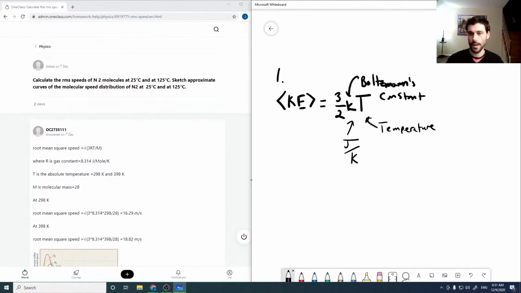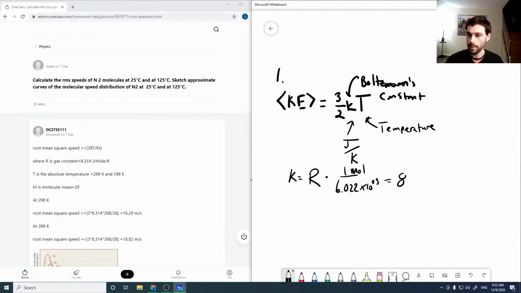And now the nice thing is that k is actually our ideal gas constant times 1 over Avogadro's number. That is what cancels the mole out of there.